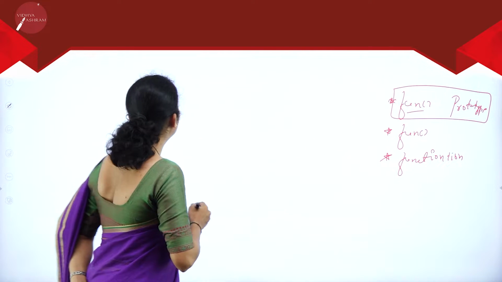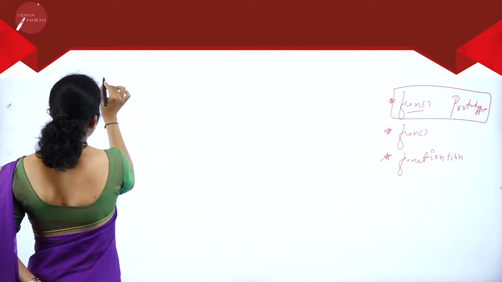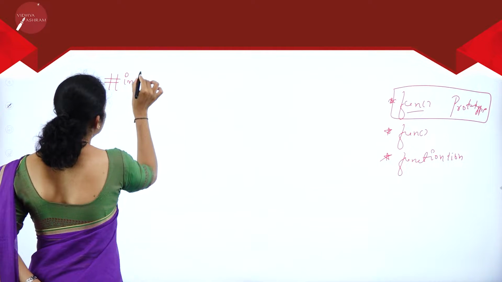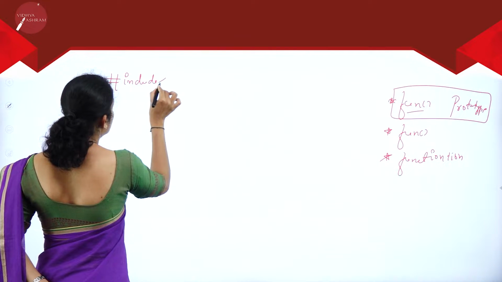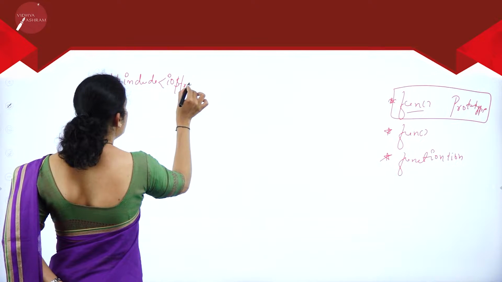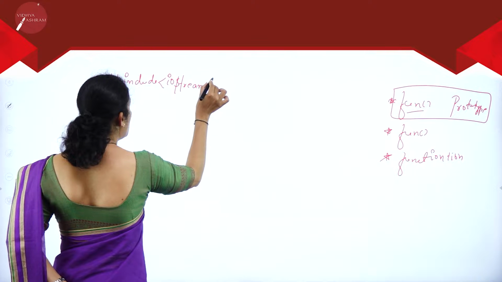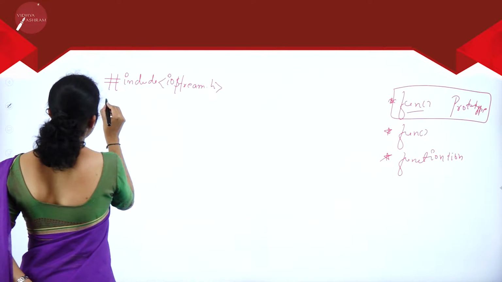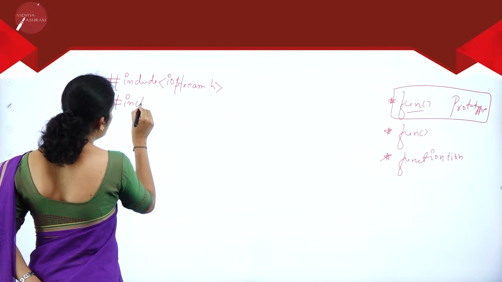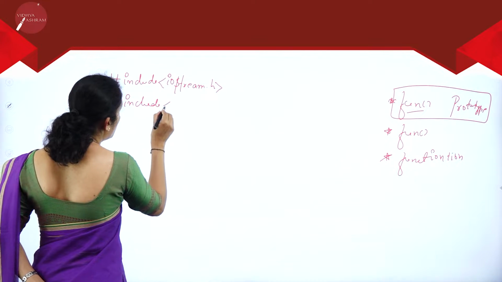Let me include the header files at the beginning. So hash include iostream dot h, then I will include conio dot h.